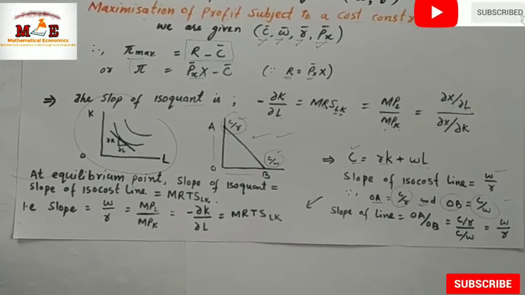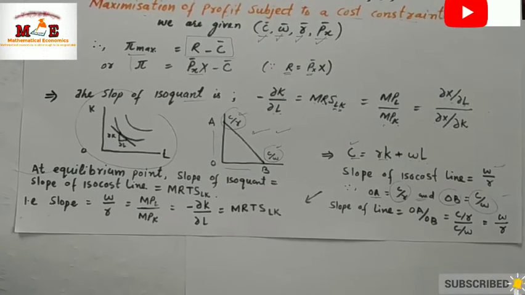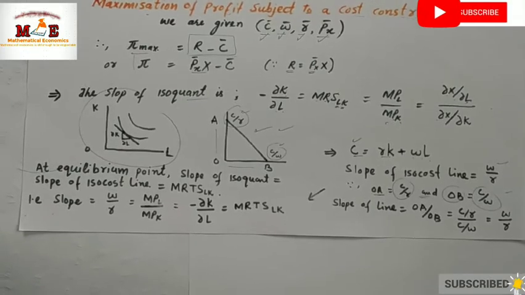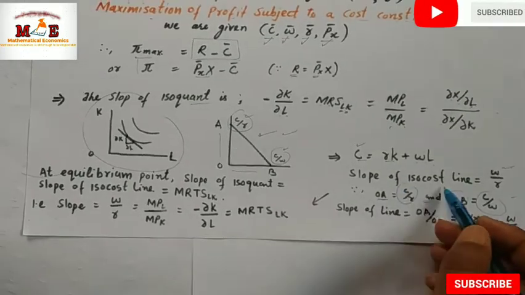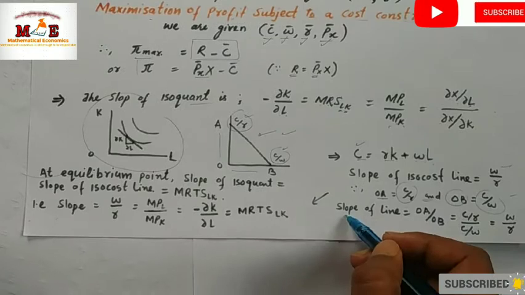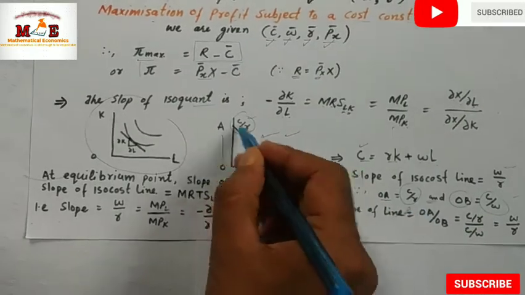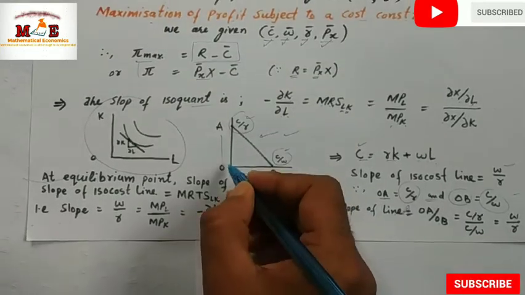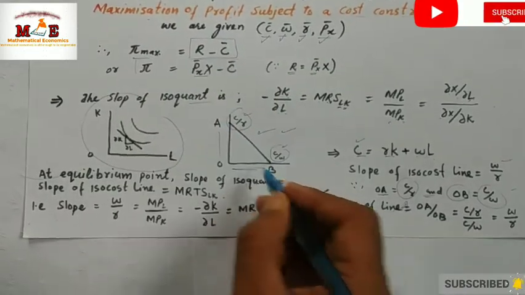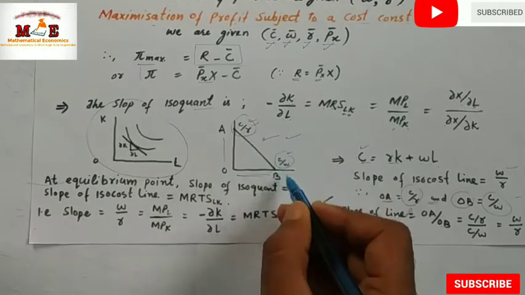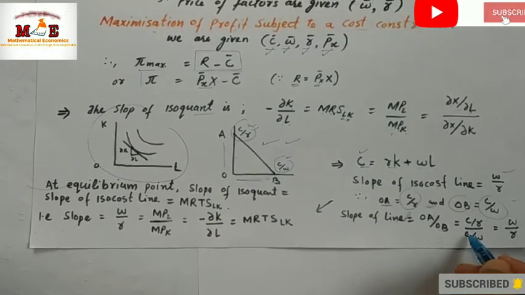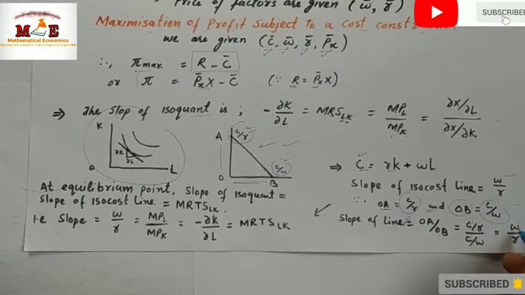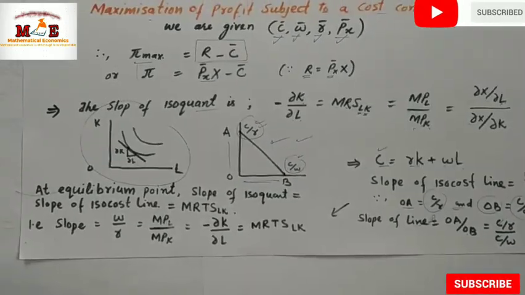And if the producer spends the entire amount on capital only or labor only respectively, then the slope of the isocost line AB equals OA divided by OB, which is equal to CR divided by CW, as written here. If we cancel out C and C, then we will get this equal to W by R.